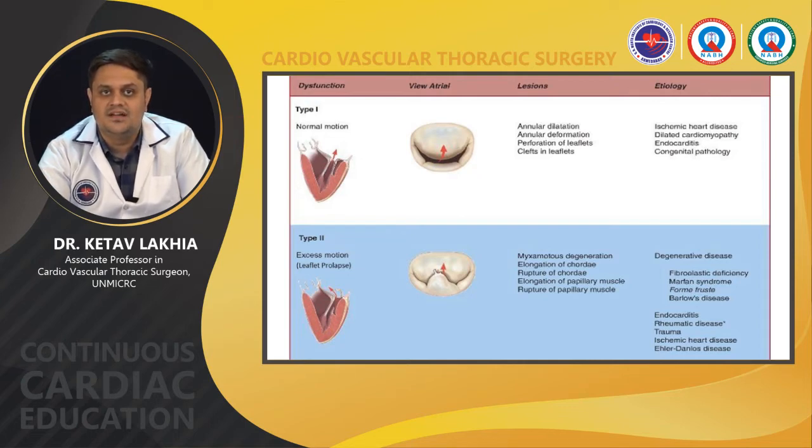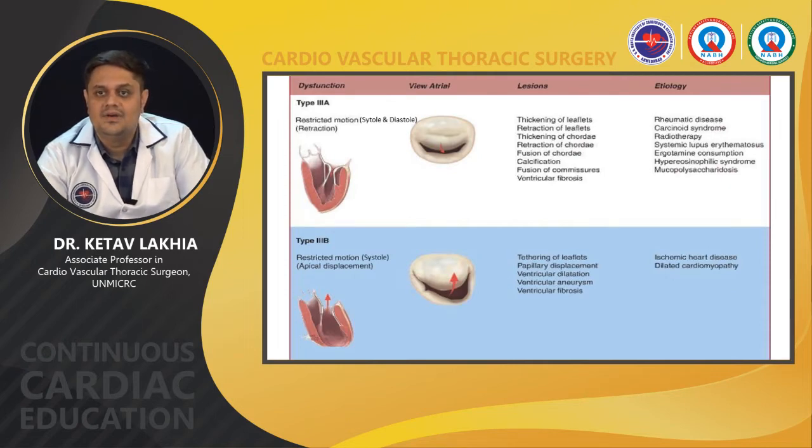For type 1, that is normal motion, ischemic heart disease, dilated cardiomyopathy, endocarditis and congenital pathology are usually of type 1 MR. In type 2, the causes are mainly the degenerative diseases like fibroelastic deficiency, Barlow's disease, endocarditis, rheumatic disease, trauma and Ehlers-Danlos syndrome.